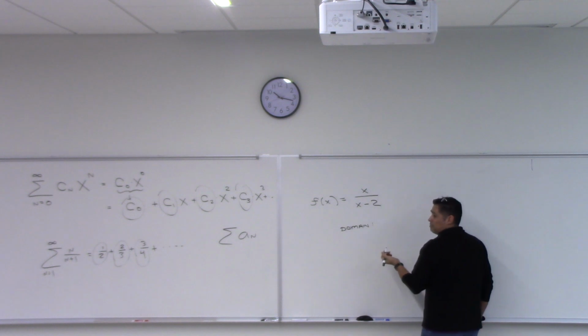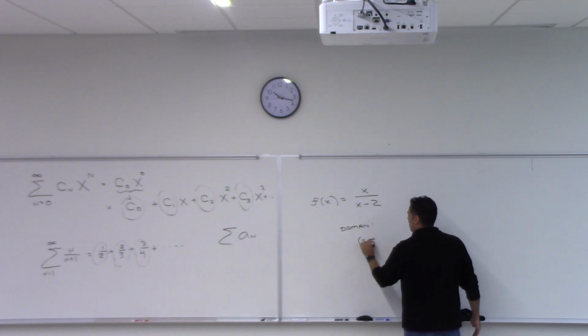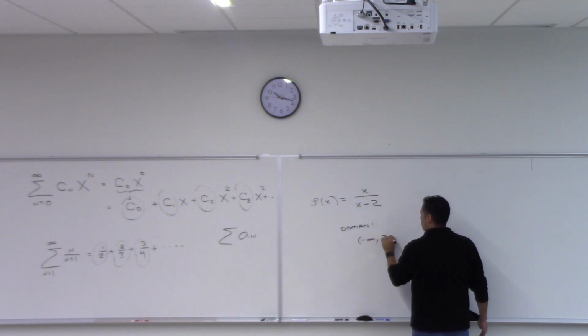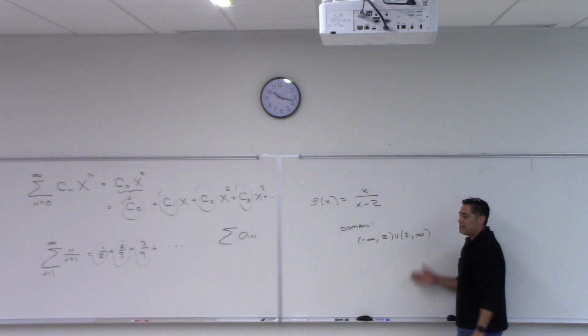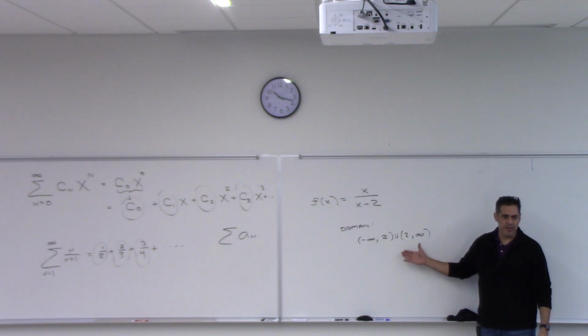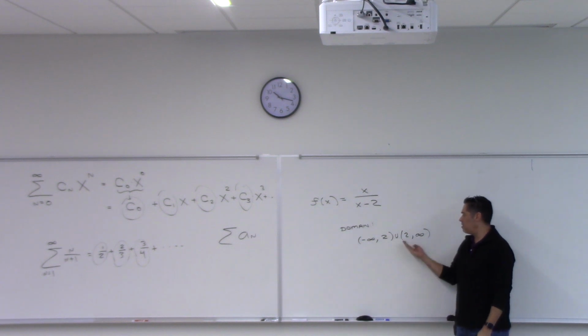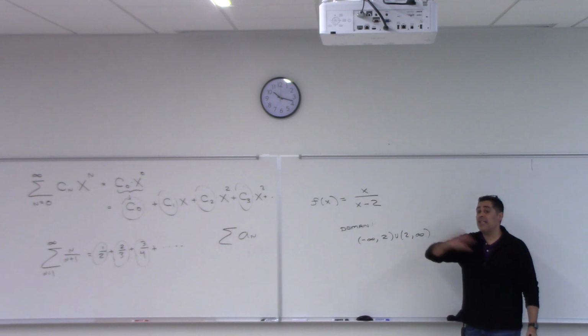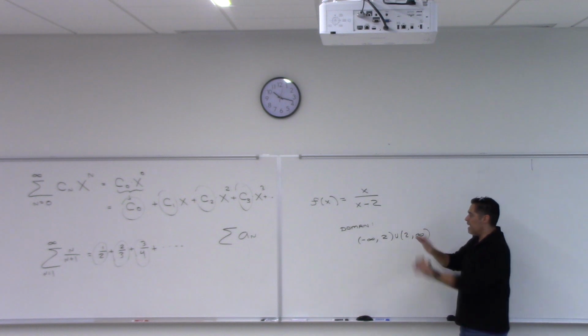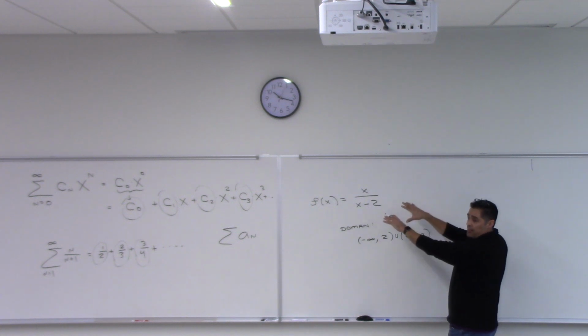So the domain would be everything except 2. How do you say that? Negative infinity to 2, union 2 to infinity. That's the way to do it with interval notation. It's everything to the left of 2, everything to the right of 2, but just don't include 2. That would be the domain. So if I plug in any other number other than 2, this thing is defined, isn't it?